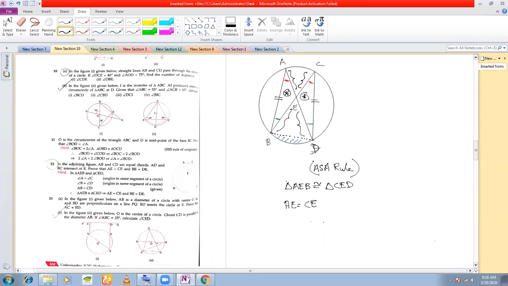You prove congruency first, and then AE is equal to CE and BE is equal to DE, both by CPCT. Okay, any questions? This hint is given here. You can check this.